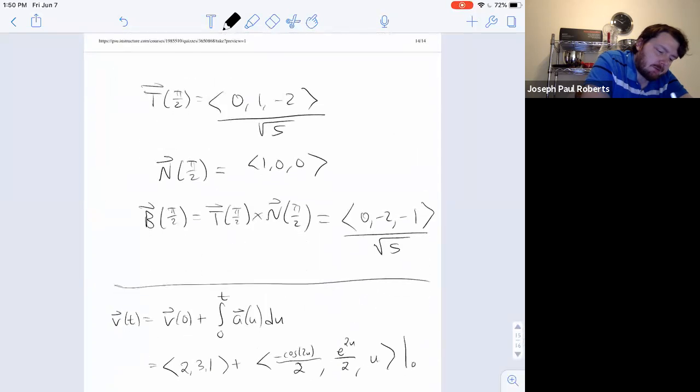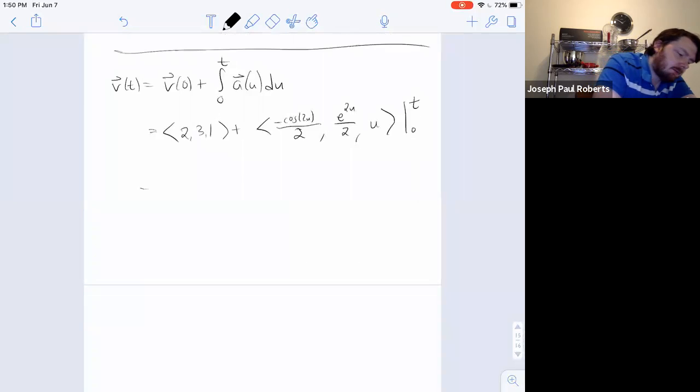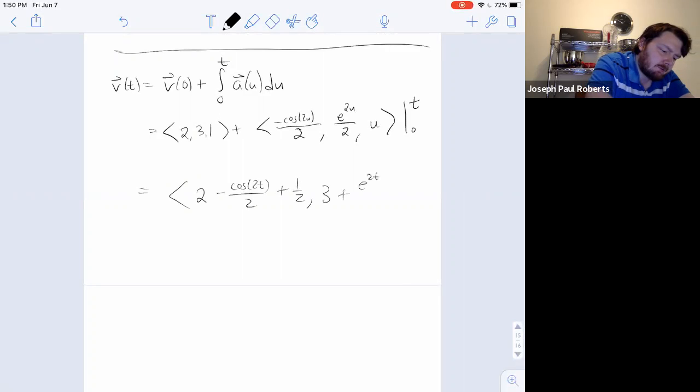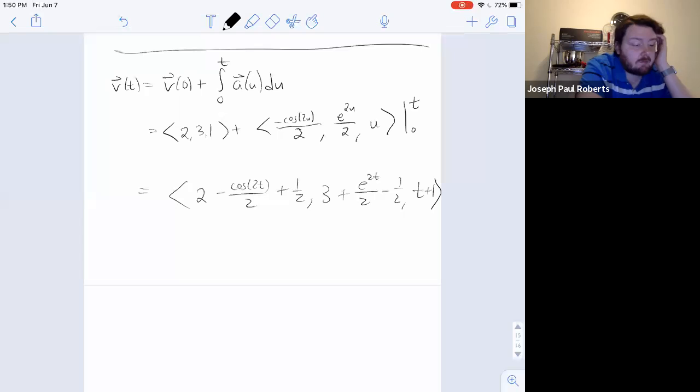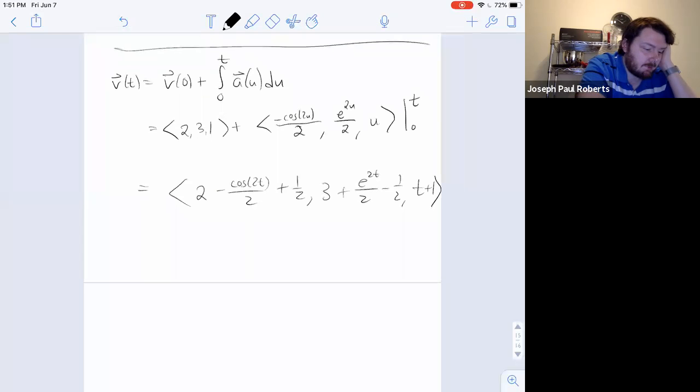Plug in between 0 and t to get 2 minus cosine of 2t over 2 plus a half, 3 plus e to the 2t over 2 minus a half, and then t plus 1. So again, be careful. Not everything is 0 at 0. So I think a lot of you probably were missing out on these.